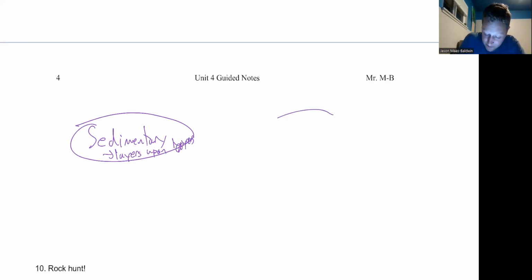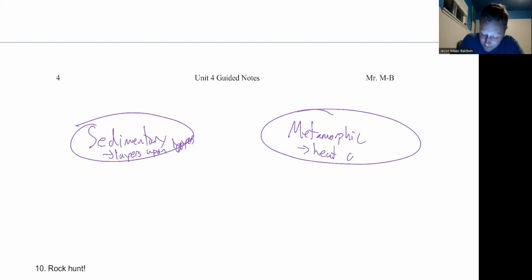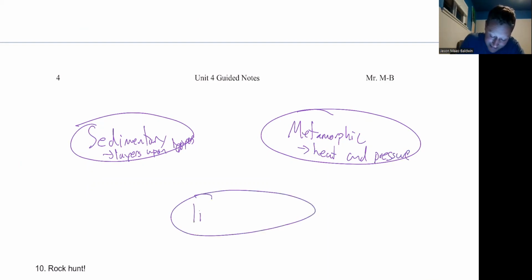And then there's metamorphic rock. Metamorphic. And this is formed by heat and pressure. And then there is igneous, and this is formed from cooled lava.